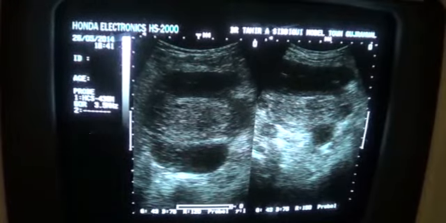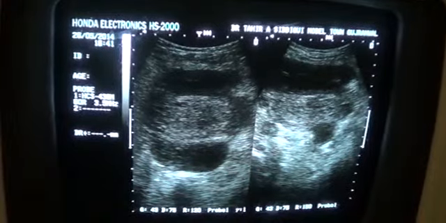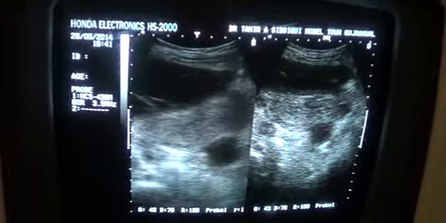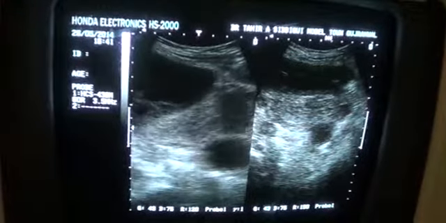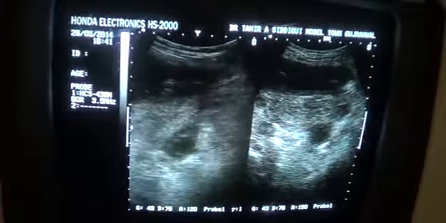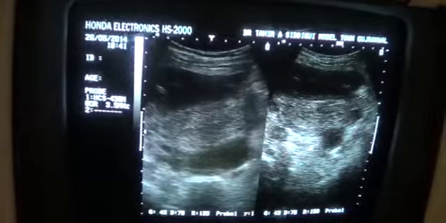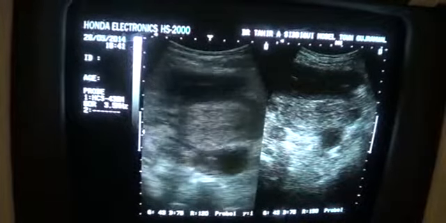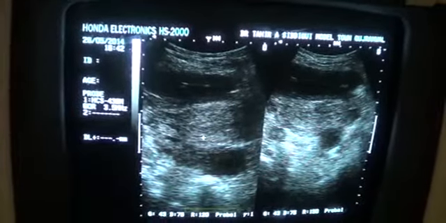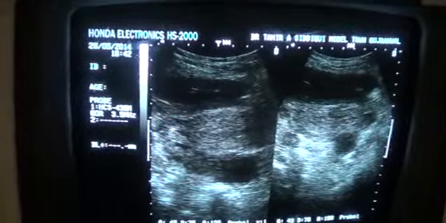So this is not a follicular cyst. I did it intentionally, so that maybe someone of you would pick it earlier. So this is not a left ovary, it's simply fluid posterior to the uterus.